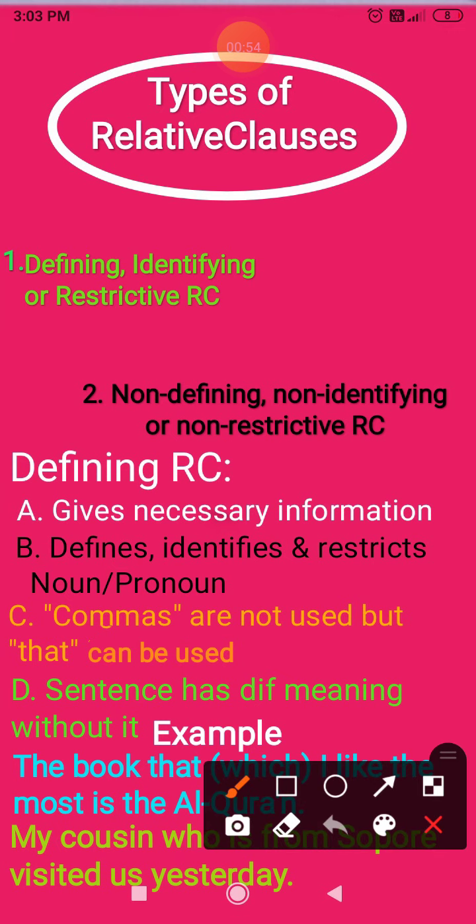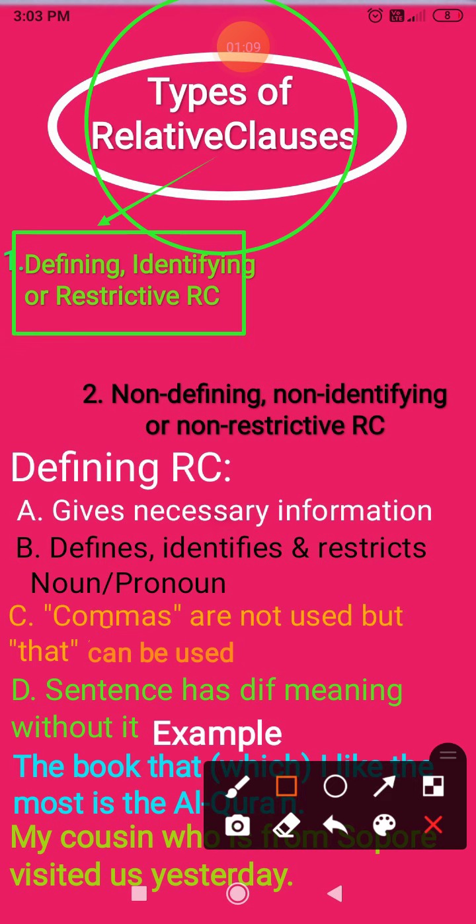Dear students, you know, a relative clause has two types. The first type is known as defining relative clause or identifying relative clause. It's also known as restrictive relative clause.